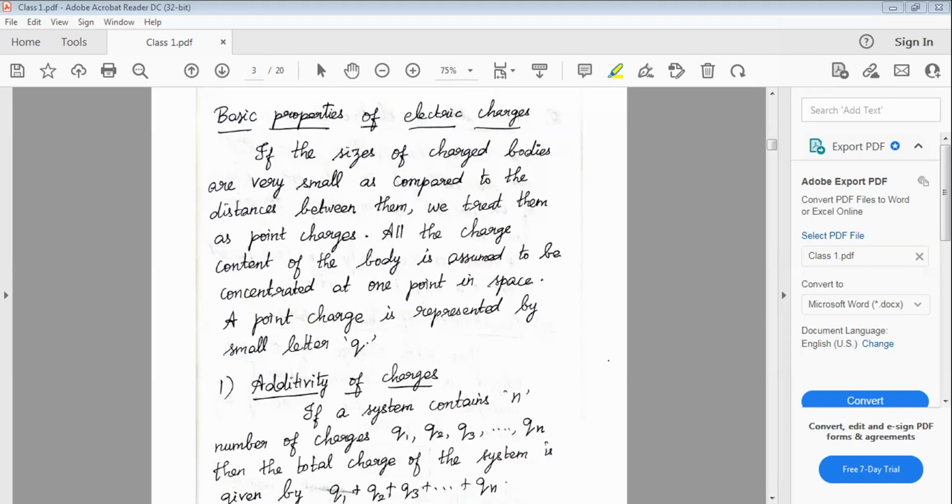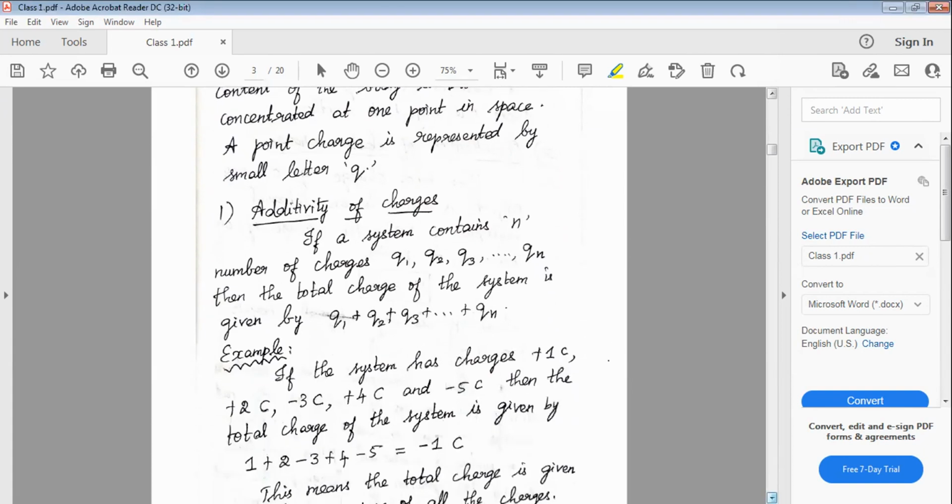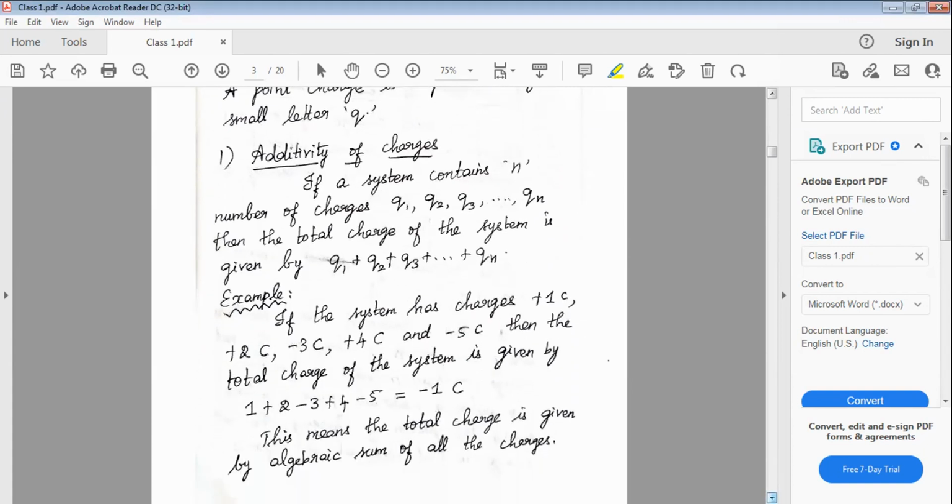The first property is the additivity of charges. I told you earlier, the point charge is represented by small q.